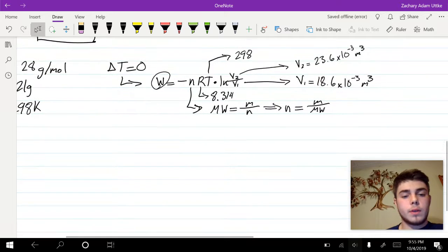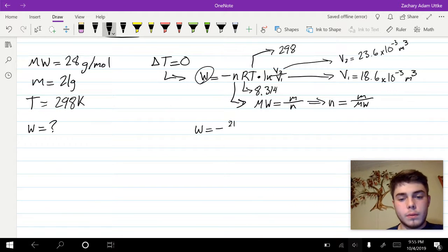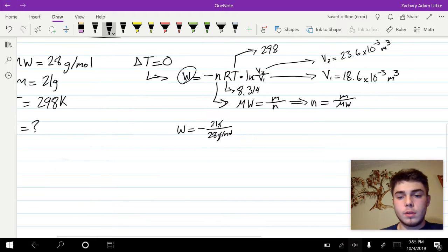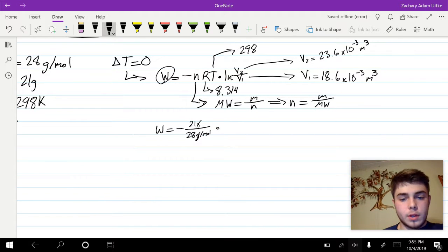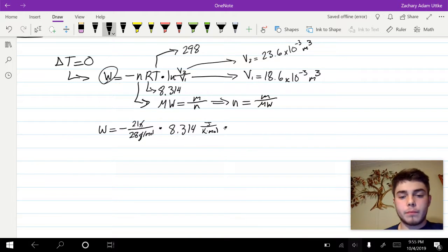Okay, so then we can calculate work by plugging everything in. So work equals negative 21 grams divided by 28 grams per mole, and that will cancel grams, times R, which is 8.314 joules per Kelvin times moles, times temperature, 298 Kelvin.